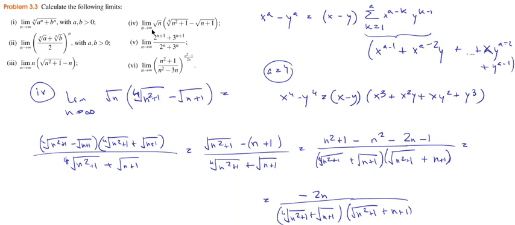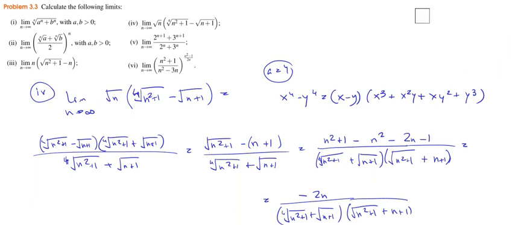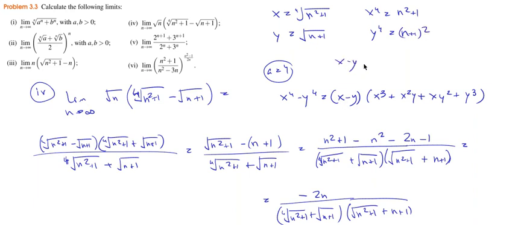Okay, and if I erase this, so my x here is the fourth root of n squared plus 1, and y is n plus 1, right? So x to the fourth is n squared plus 1, y to the fourth is n plus 1 squared, right? So what we have here is you have to solve for x plus y.